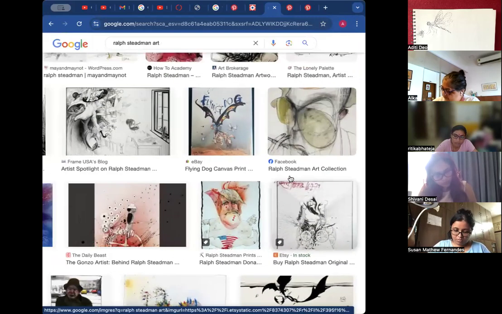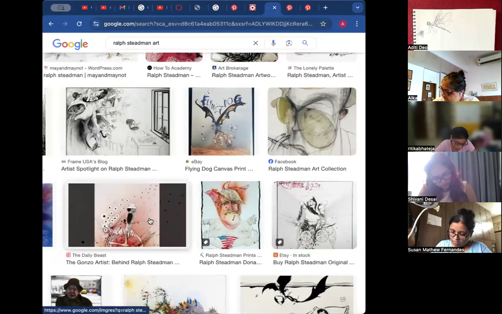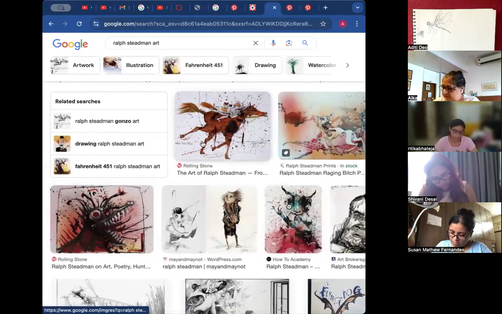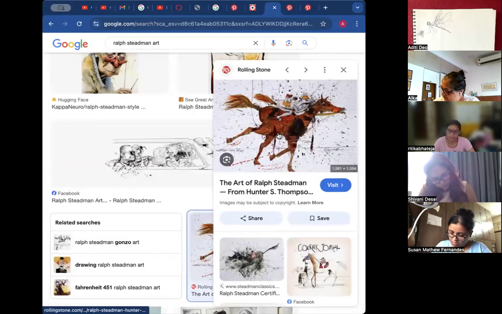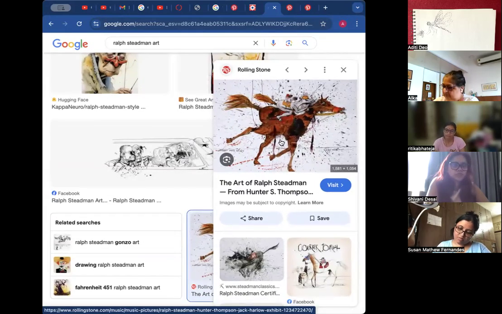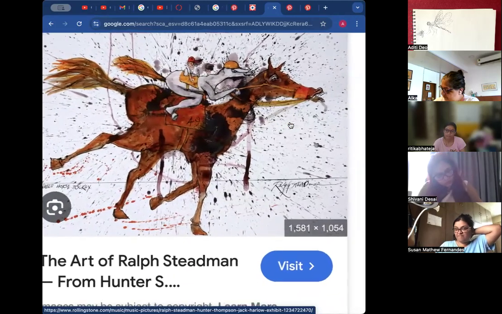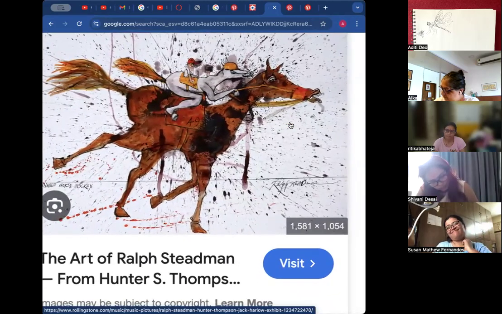He starts off with a blob of ink or paint, like something like this. And he creates the painting after he has made the blob. So he allows the blob to dictate the end of the picture.